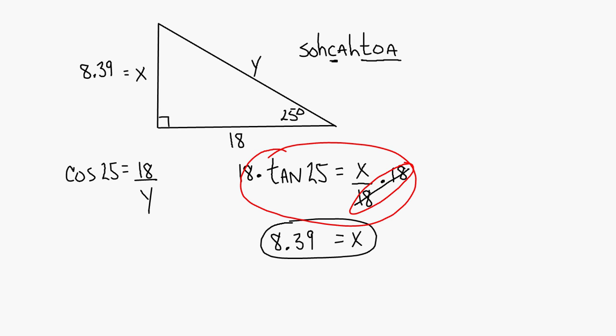In order to solve for y, you have to multiply each side by y. And these two y's cancel each other out. So what you've got on the left-hand side is y times cosine 25 equals 18. And the next step is to divide each side by cosine 25.